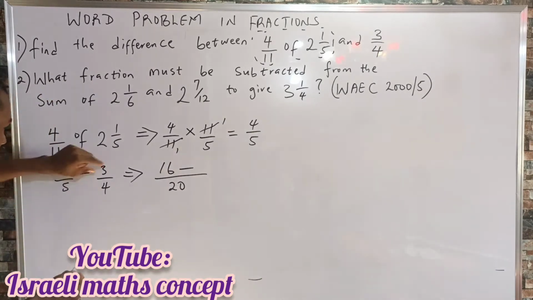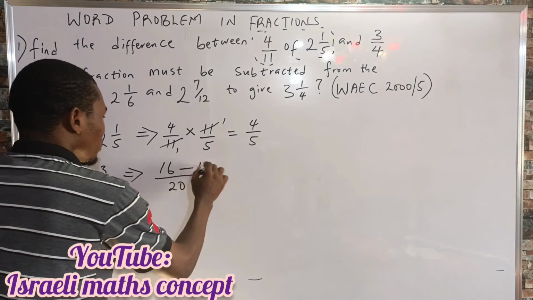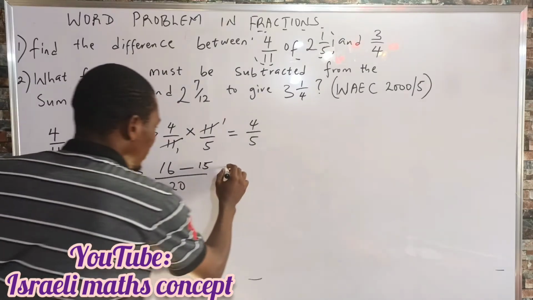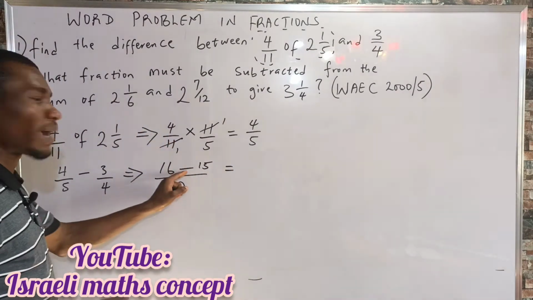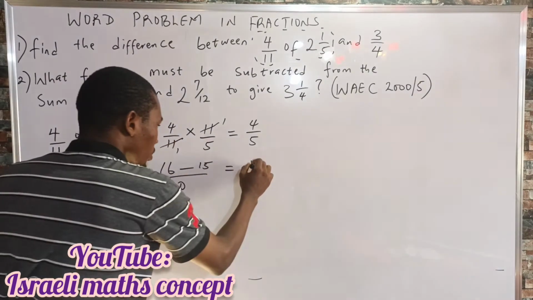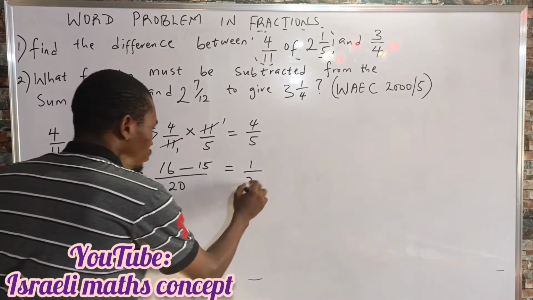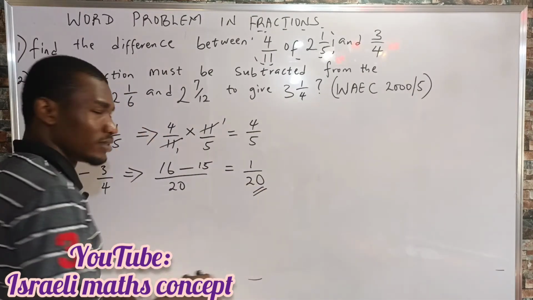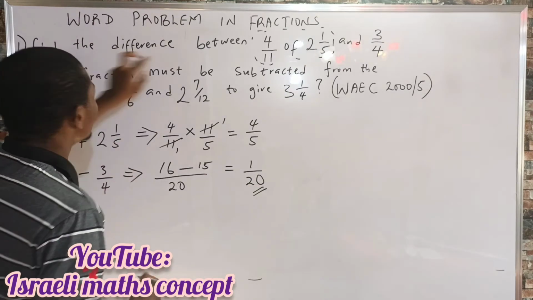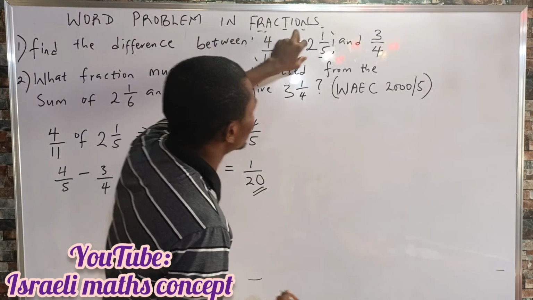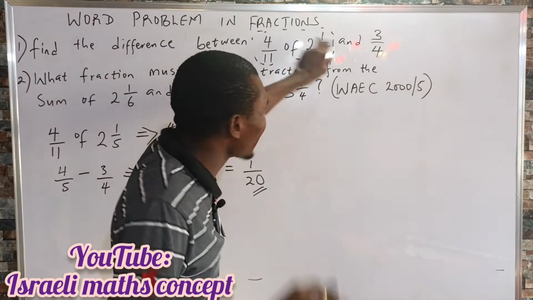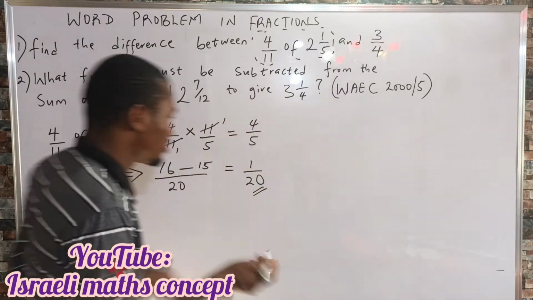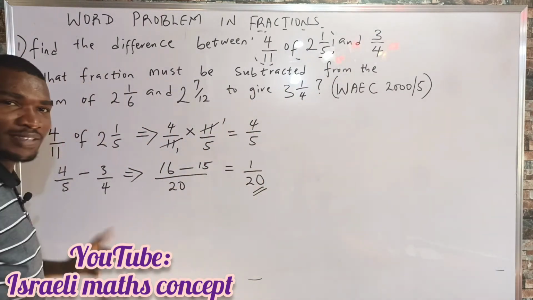And 5 multiplied by 3 will give us 15. And this is equal to 16 minus 15 is 1, and that is 1 over 20. Therefore, the difference between 4 over 11 of 2 whole number 1 over 5 and 3 over 4 is 1 over 20. That is our answer.